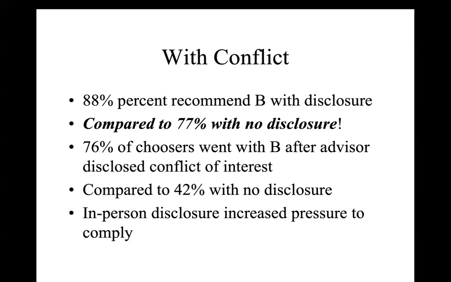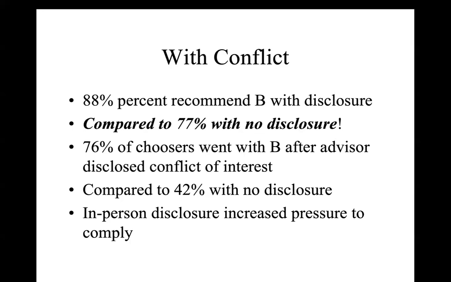And when the advisor recommends something, it's really hard for me to look that person in the face and say, no, I don't think that's the right recommendation. That feels self-interested. And so 76% of the people complied. Now, when there was no disclosure, only 42 complied. So without disclosure, there's much less of this tension that the client feels to reject the advisor's recommendation.